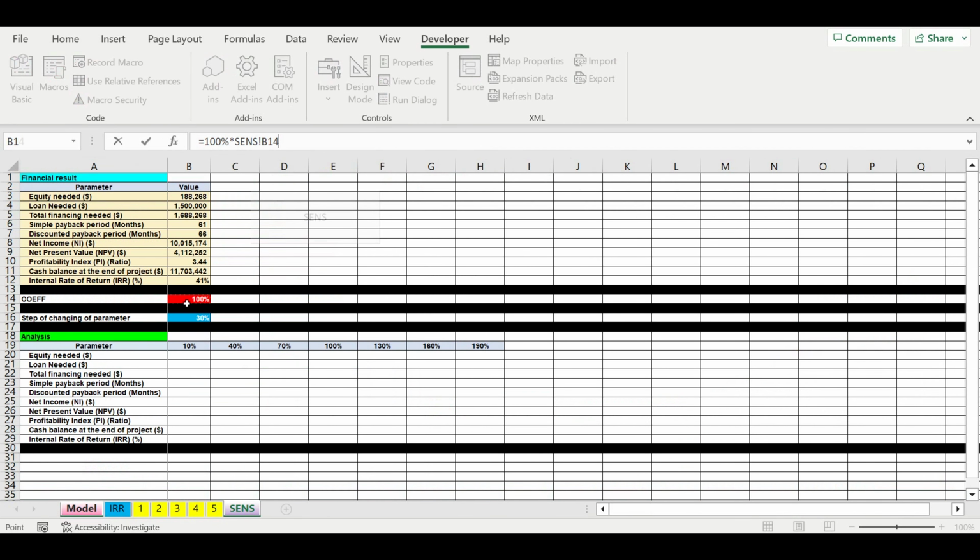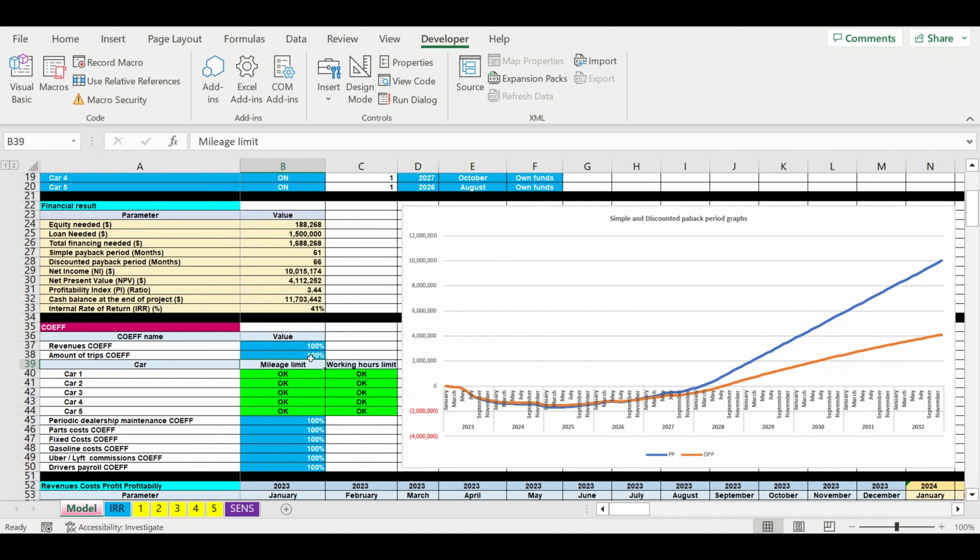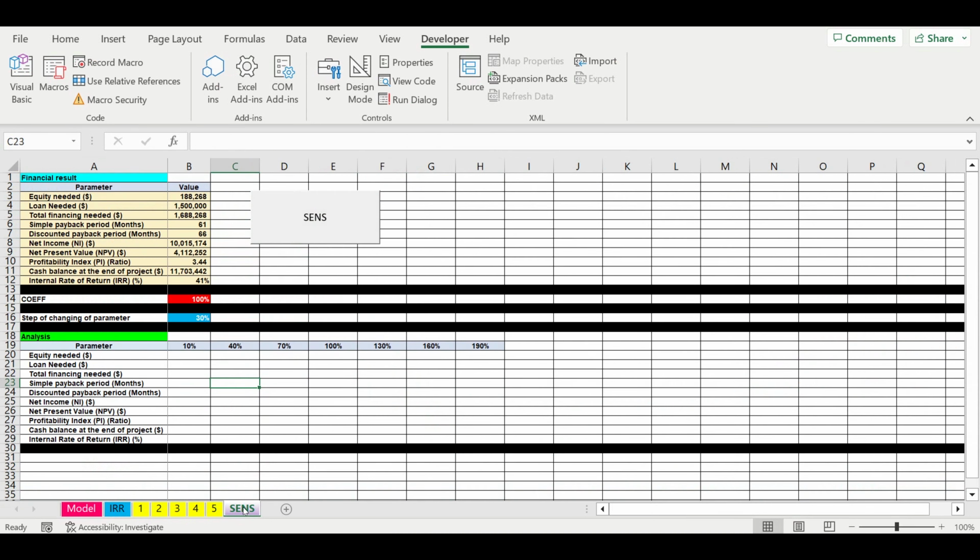So we can add sensitivity analysis coefficient to any input in our business model. So coefficient is added. Now we can press sense, and we will see how the increase or decrease of the amount of trips affects our financial efficiency.